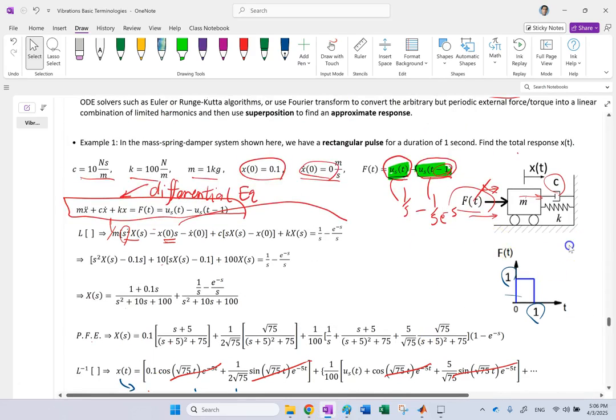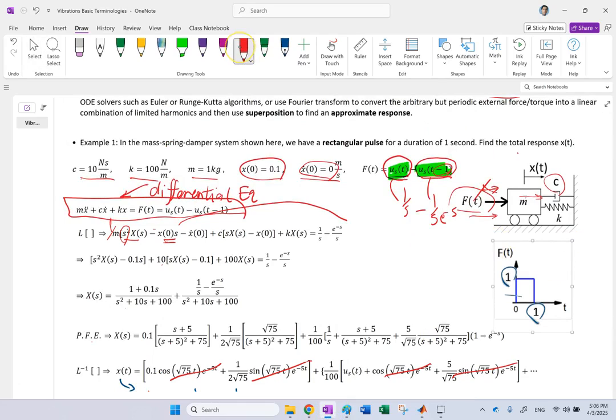When the system goes to steady state, if the system's steady state behavior is constant, so if x of steady state is constant, what does it mean about x dot and x double dot? Well, you're right. They are both equal to 0, correct? Of course, with different units, but they are both 0.